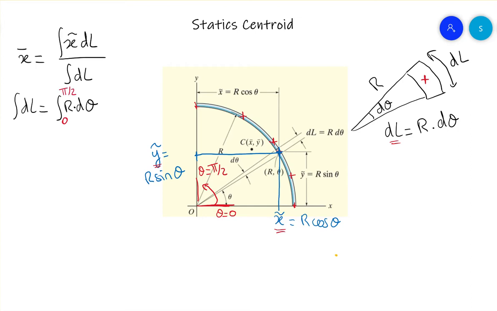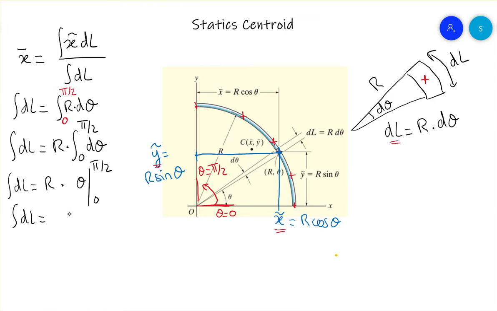The integral of dl is equal to r, because it's a constant, times the integral from 0 to pi divided by 2 of d theta, and the integral of d theta is just theta. So the integral of dl is equal to r times pi divided by 2. We proved that the length of an arc of a circle is the radius times the angle, which we already know.